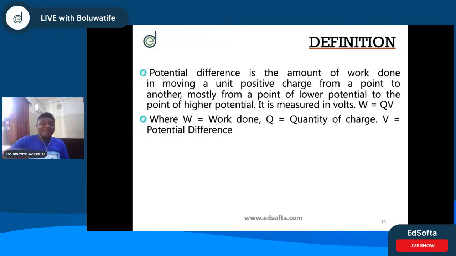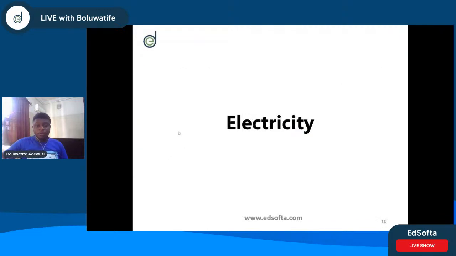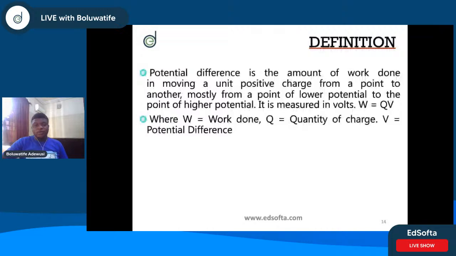So if you wanted to calculate V, you make V the subject of the formula. V will now be equal to W over Q. So if you calculate a potential difference, you just need to do work done over quantity of charge.